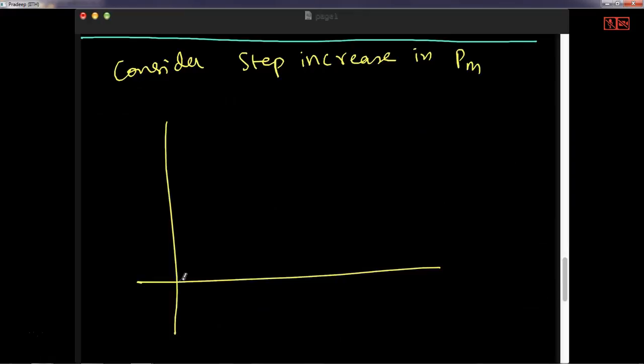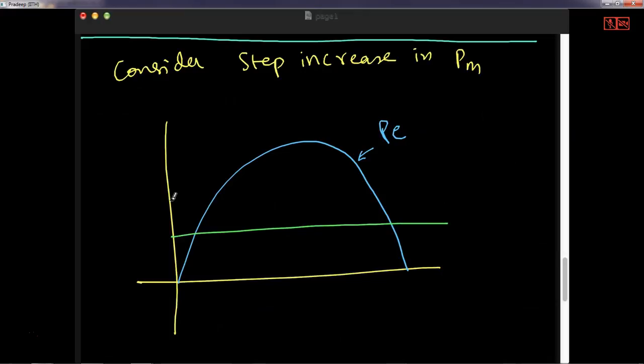Right now, this is my electrical power and this is my mechanical power. This is PM1 and PM2. Suddenly there is a step increase in the mechanical power input to the generator. I'll just draw the machine also.